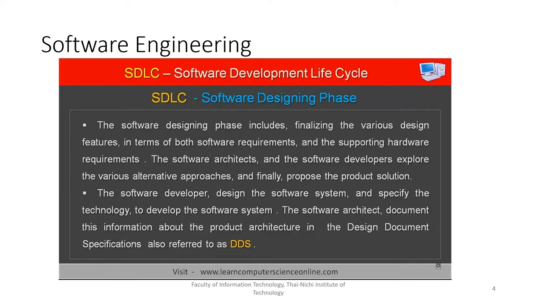The software developer designs the software system and specifies the technology to develop the software system. The software architect documents this information about the product architecture in the design document specifications, also referred to as DDS.